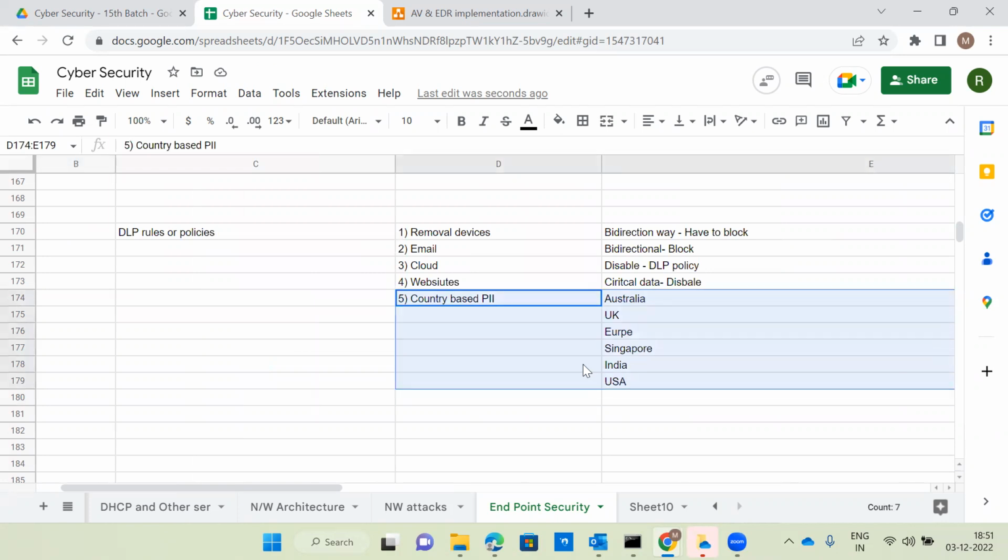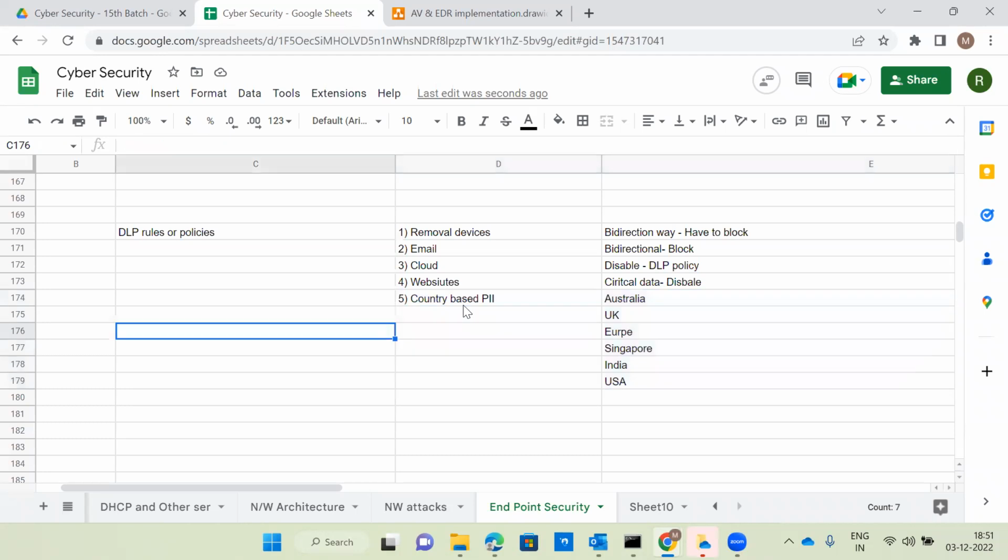In case we are disclosing, first name and last name is fine, but not contact number or email address or passport number or any other banking-related data. Every country has their own regulations and rules from a legal point of view. According to that, we have to implement this policy. So these are all the different types of policies we have to configure.